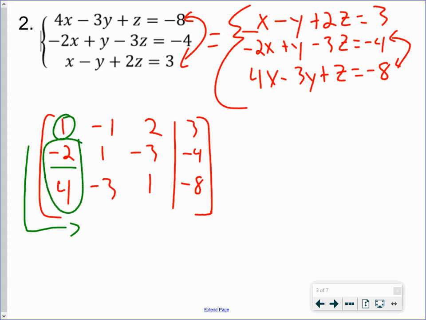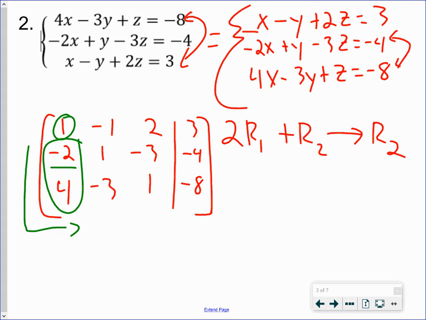So to get rid of that -2 first, we're going to multiply the first row by 2. So it's 2 times row 1 plus row 2, and that's going to replace row 2.